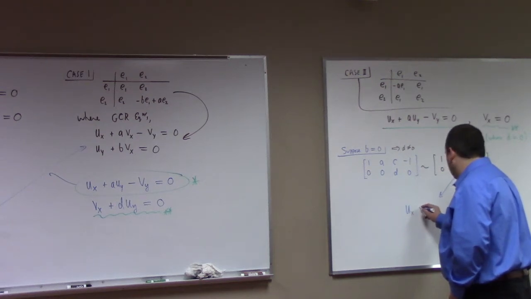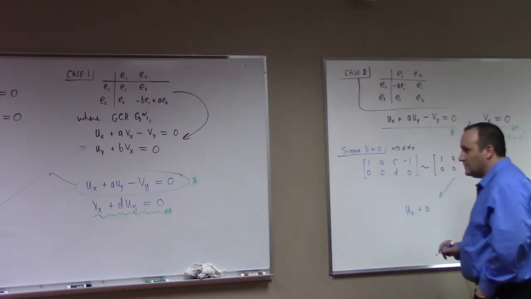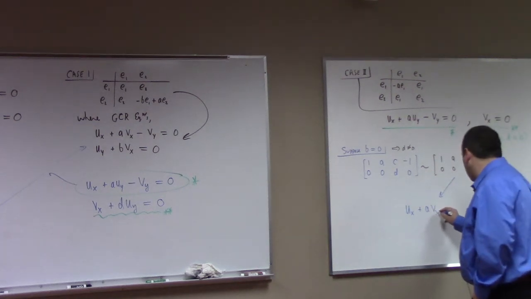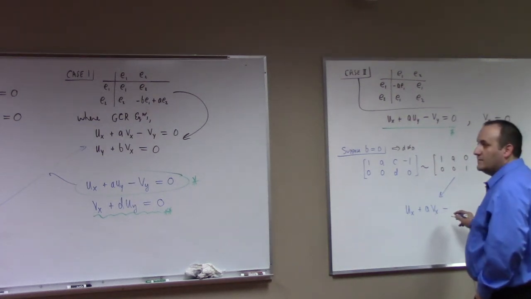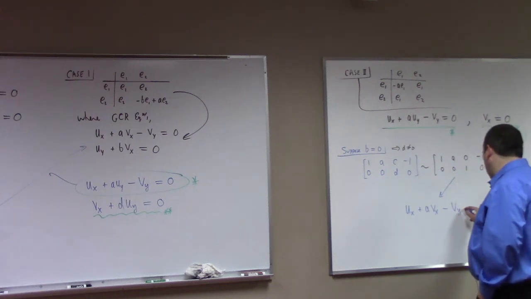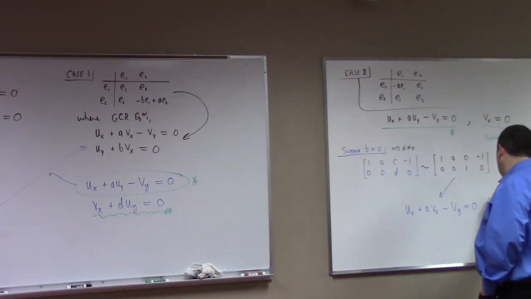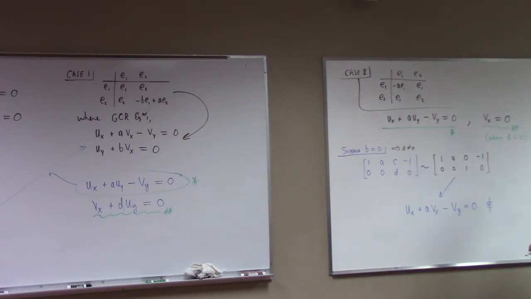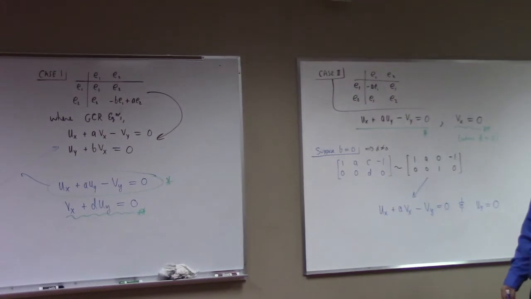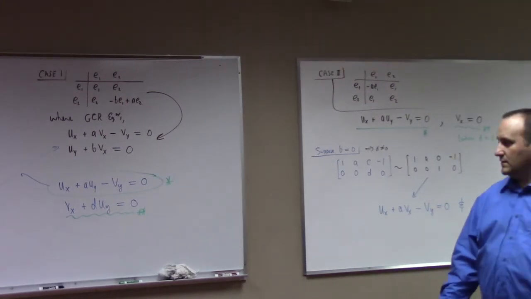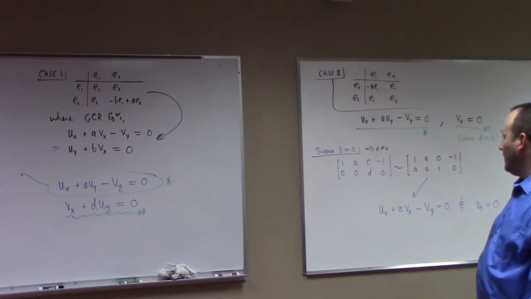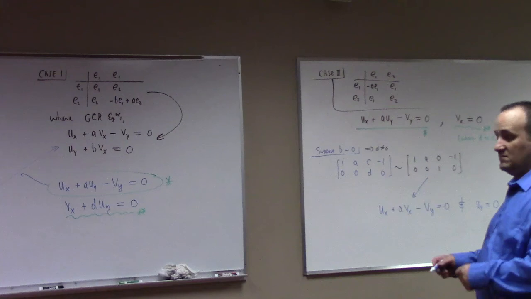Ux plus Vx minus Vy equals 0, and what's that again? Uy. Well, that's half of case 1.